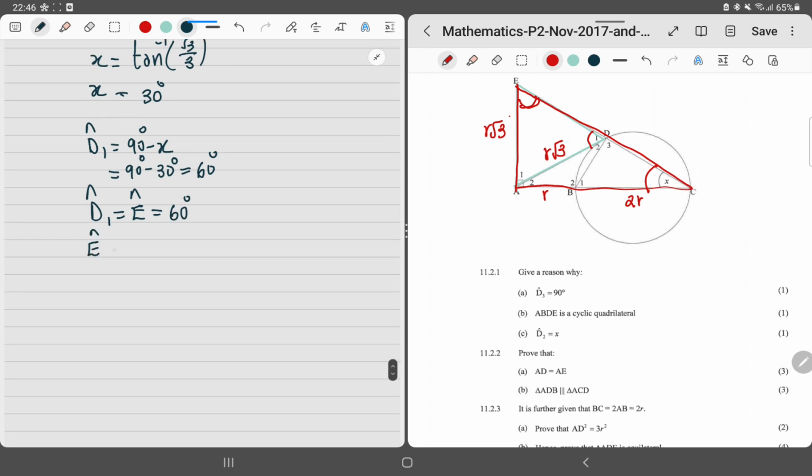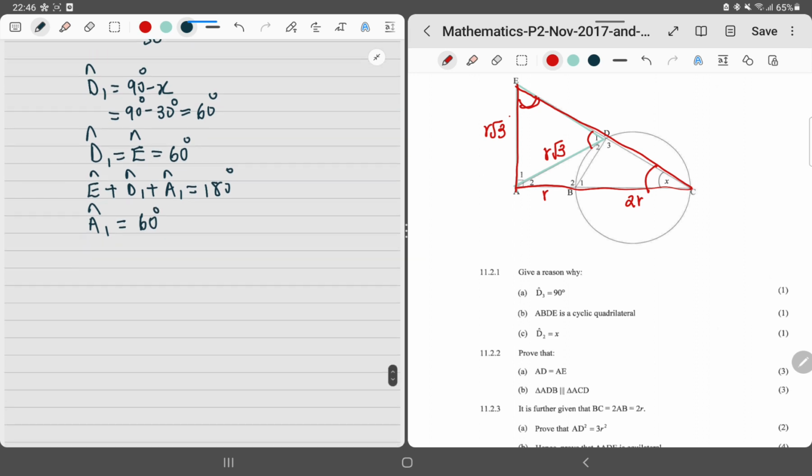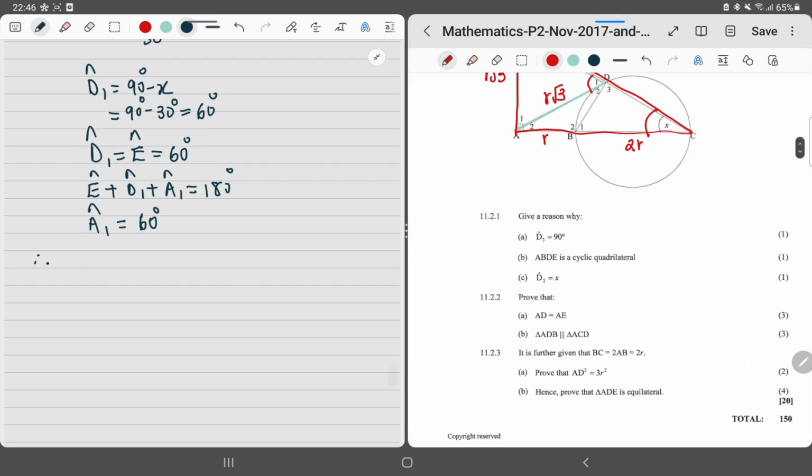So E plus D1 plus A1 equals 180 degrees. So we can see that A1 is going to be equal to 60 degrees. Therefore, triangle ADE is equilateral.